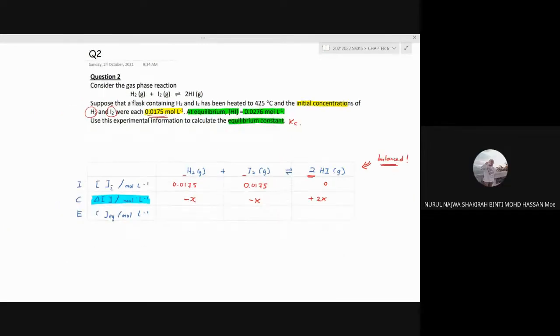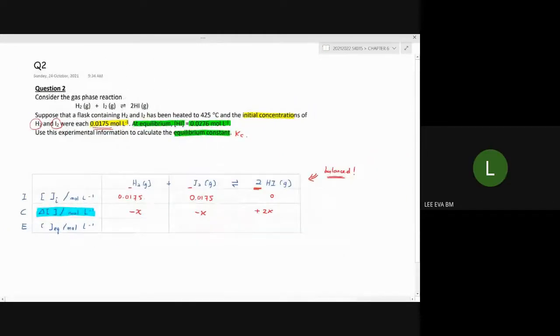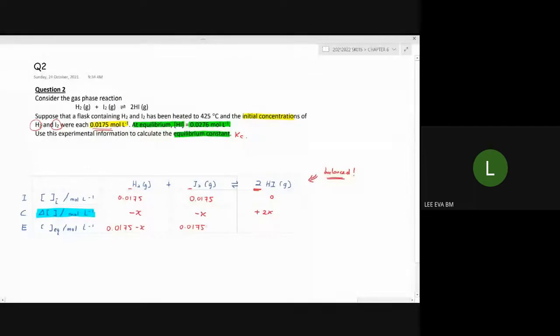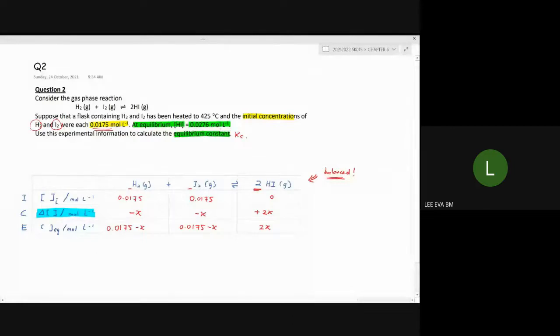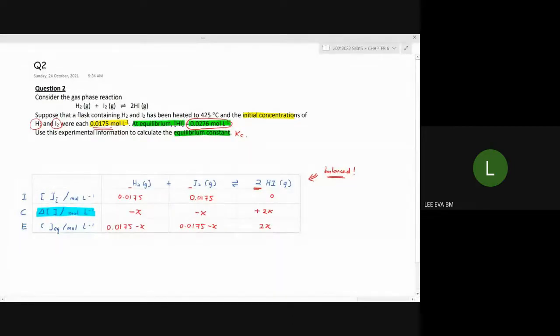Can. Okay, so untuk equilibrium kita cuma tambahkan saja: 0.0175 minus X, 0.0175 minus X, and then 2X over here. But there will be one question: Madam, how am I going to know the value of X? So now, come back to the question. You always refer to the question to get any clue. The clue is always in the question. It says that at equilibrium, the concentration of HI equals 0.0276.